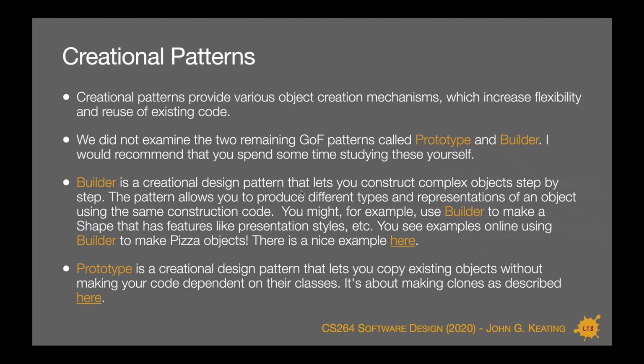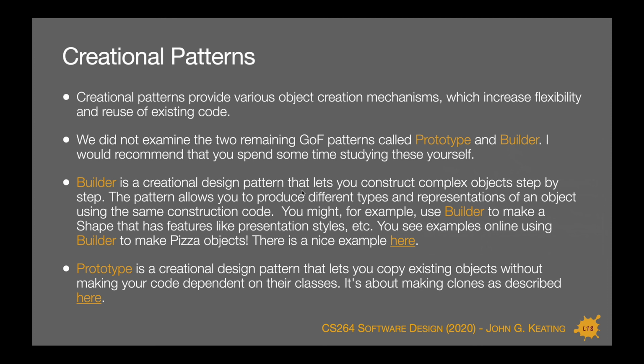I would recommend you look at this. Builder is a creational pattern that allows you to construct complex objects step by step. Hence builder, the pattern allows you to produce different types and representations of an object using the same construction code. So you could, for example, use builder to make a shape that has features like presentation styles, etc. And you often see examples online using builder to make pizza objects, for example, or build a product by adding the various components.